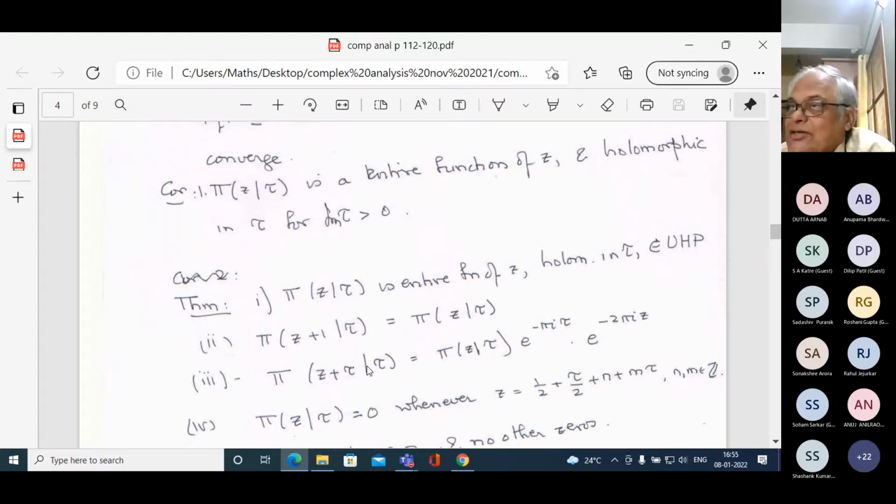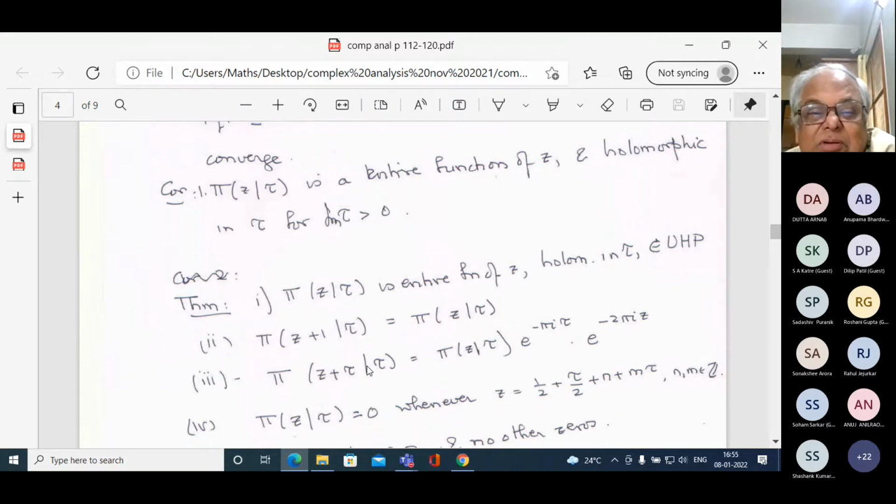Okay, so I should have said this when I was talking about theta functions. What this says is that pi, or theta, is periodic in z with period 1, and it is quasi-periodic in z with quasi-period tau.